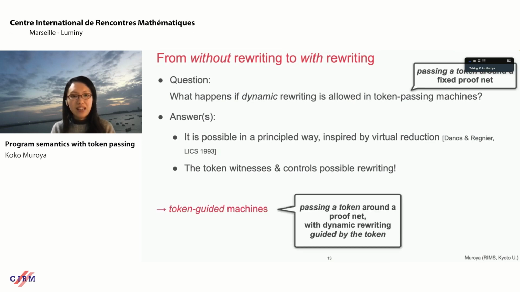This led to another kind of program semantics inspired by GOI, which I call token-guided machines. Compared to token passing machines, where the token travels around a fixed net, in token-guided machines the token travels around the proof net, but in the middle it can trigger rewriting.